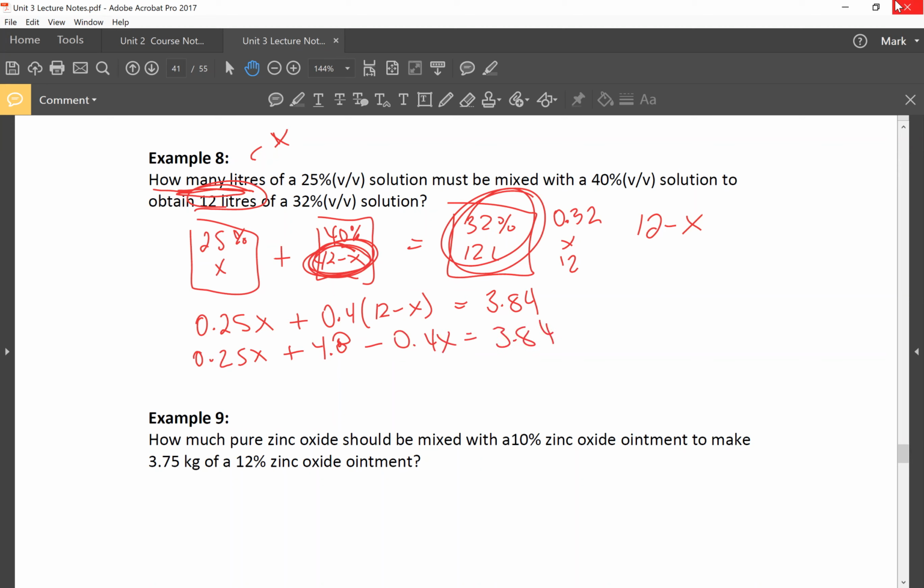And again, I'm just going to go quick through this. What I end up getting is negative 0.15x equals negative 0.96. X is going to be 6.4 liters.